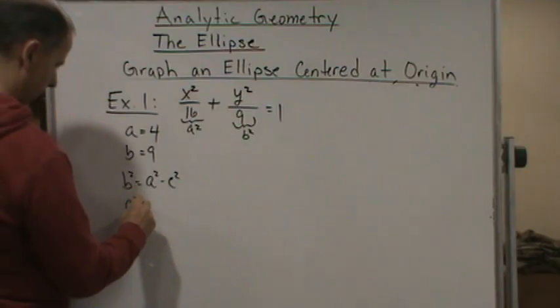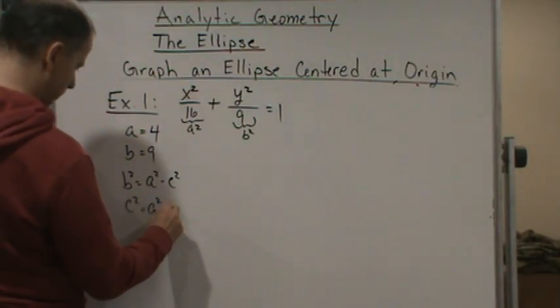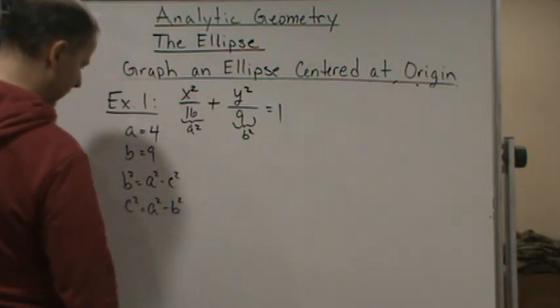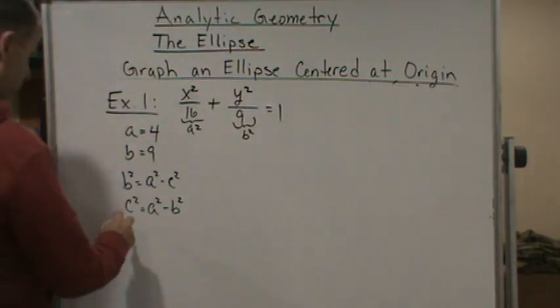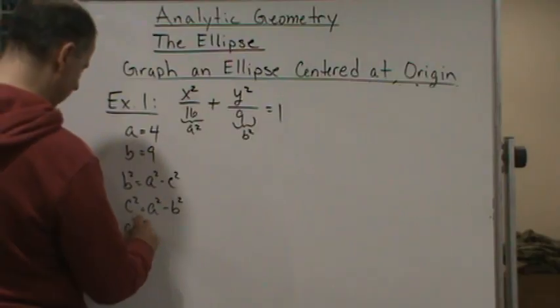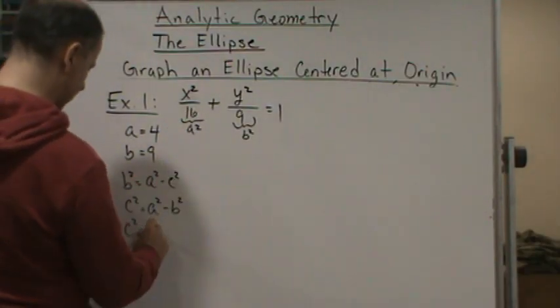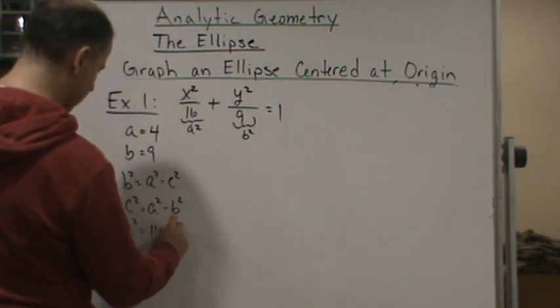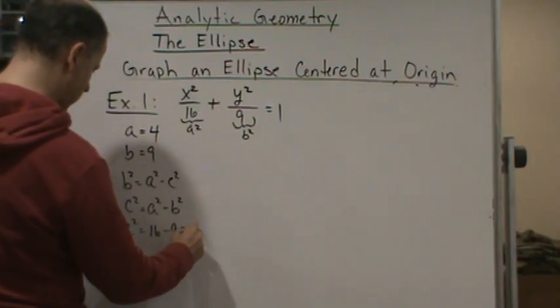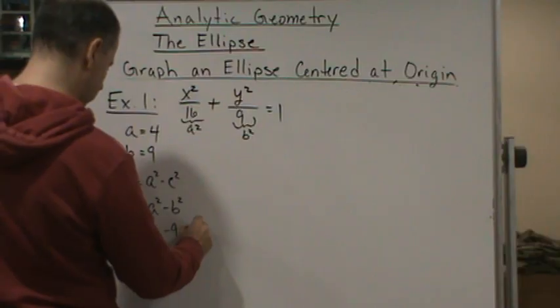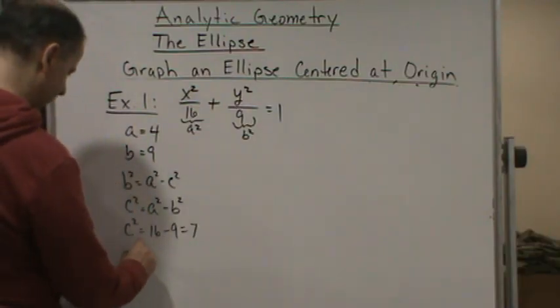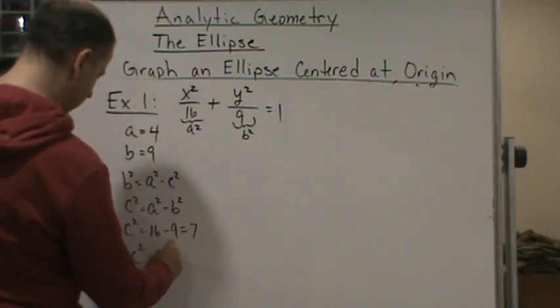So c squared is equal to a squared minus b squared. And so now I know that c squared is equal to what? a squared, which is 16, minus 9, right? Which is going to equal what? It's going to equal 7. Which means c is going to equal the square root of 7.